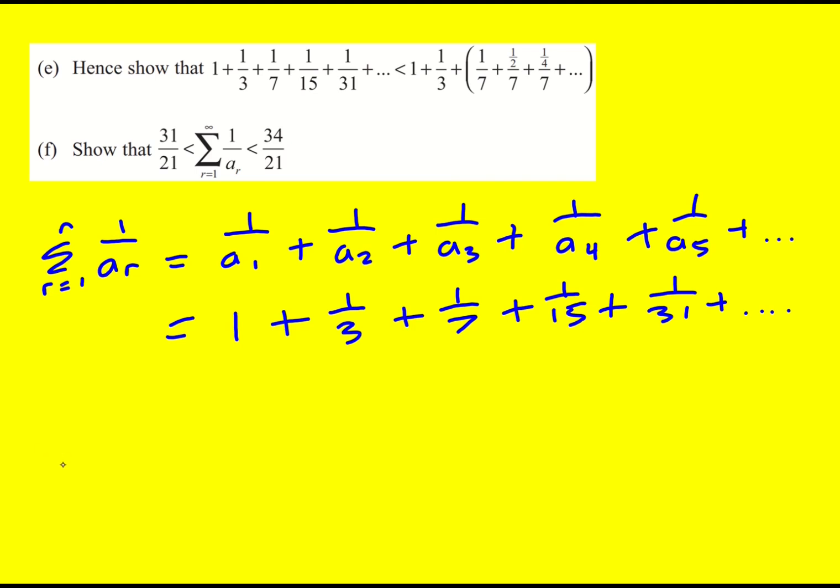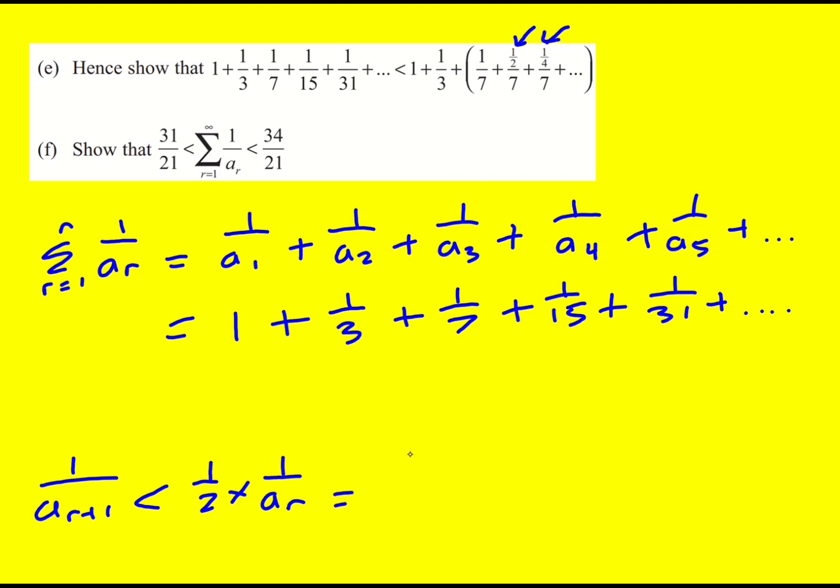However, we've just shown in the previous parts that 1 over A_{r+1} was less than a half times 1 over A_r. And now we can see some powers of half up here.